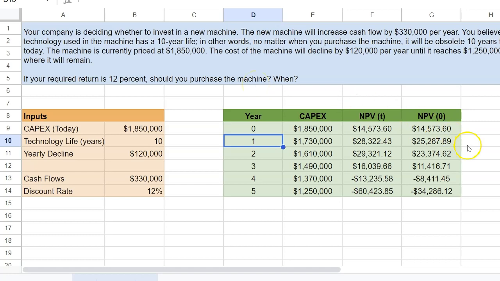Yes, because the NPV is positive when you want to make the investment. And when is it that you want to make the investment? 1 year from now, because that is when you're getting the highest net present value, even after accounting for the fact that you will be delaying your investment by 1 year. And so this is how you can account for an option to wait in your decision making.